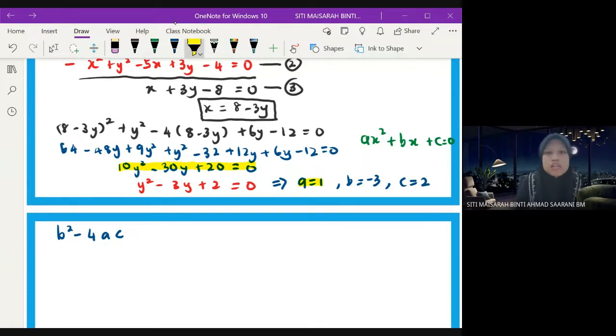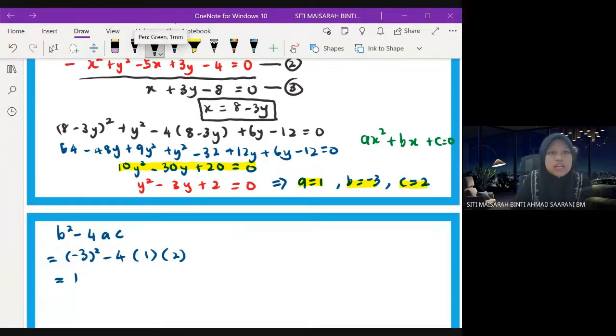So gantikan dalam b square minus 4ac. So then we get negative 3 square minus 4 times dengan 1 times dengan 2. So 9 tolak 8, we get 1. 1 ni positif, nilai positif which is more than 0. So jadi kita dah tunjukkan dia intersect at 2 point.